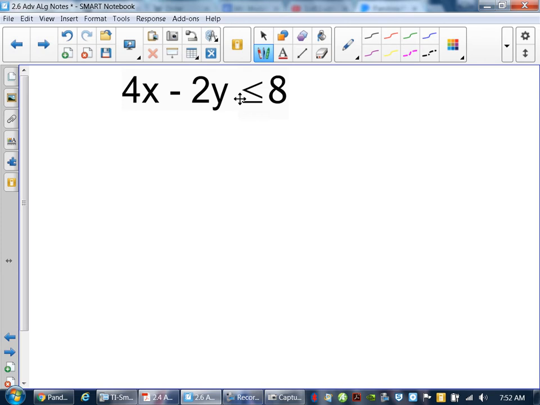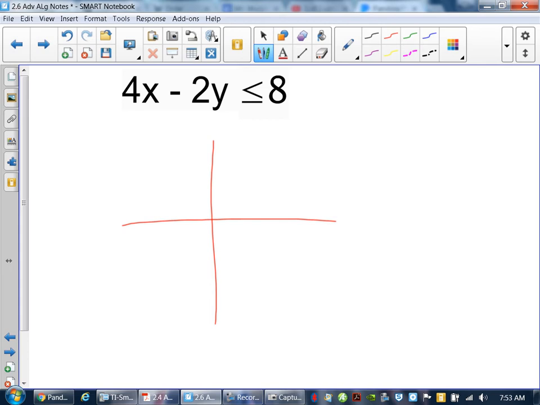First thing I'm going to do is just draw my xy axis. From here, I'm going to plot my intercepts, just like we did a couple of days ago. You guys remember that? When we cover and solve, if we cover up the value of x, we're solving for the y-intercept. When we cover up the value of y, we're solving for the x-intercept. Basically, we're substituting in the value of 0 for both x and y.